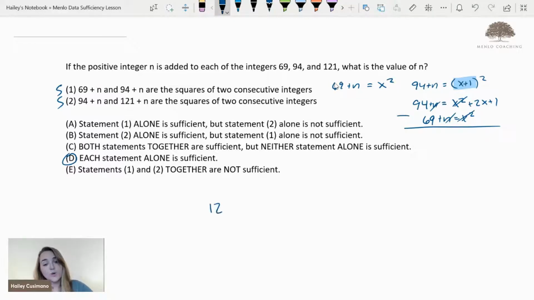If I take 12 squared and I add 12, I now have 12 times 13. If I add 13 to that, that's just 13 squared, right? And to do that, I add 12 and 13, a collective total of 25.